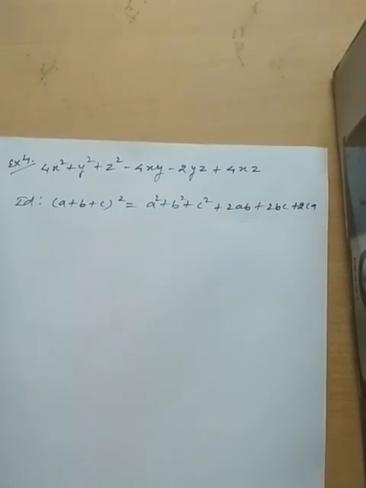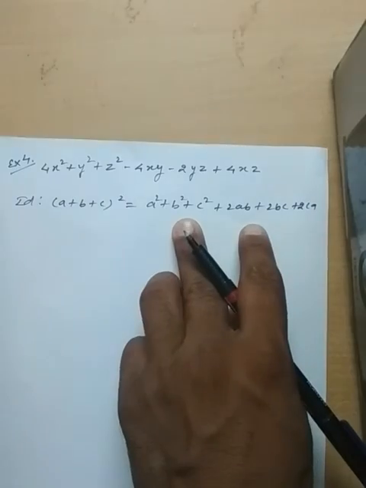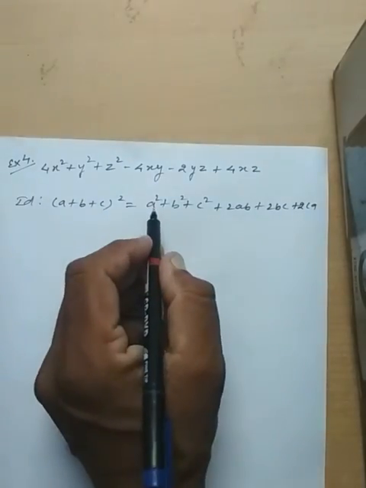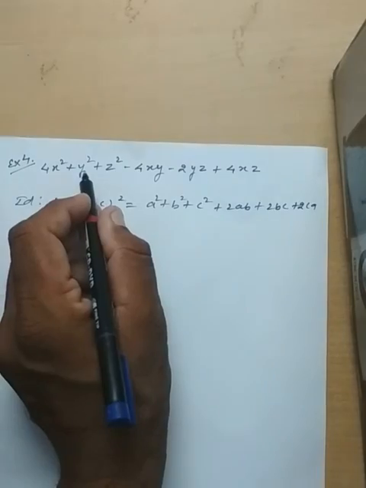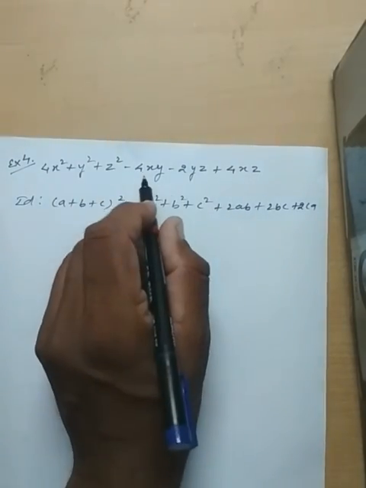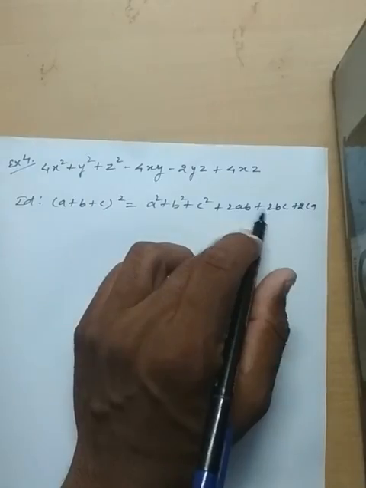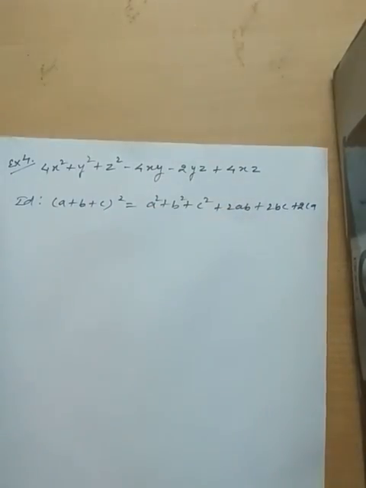Here we are using this identity and our question is related to the RHS part. So compare it: a² is 4x², b² is y² and c² is z², 2ab is minus 4xy, 2bc is minus 2yz and 2ca is 4xz.